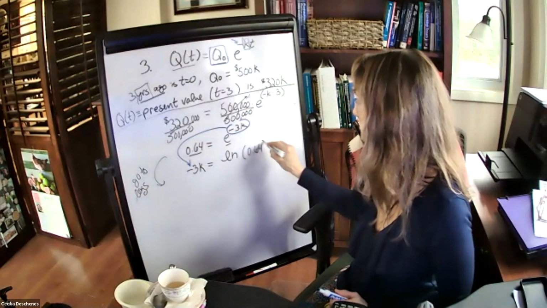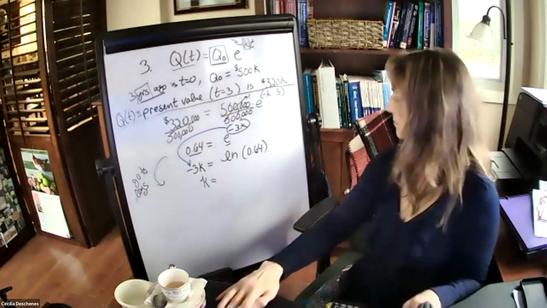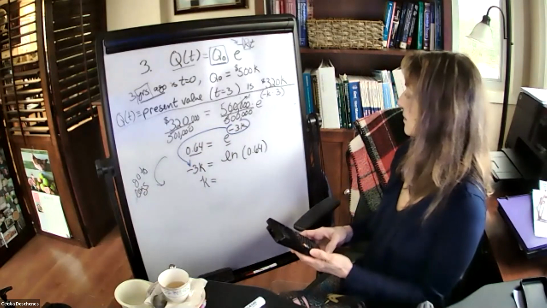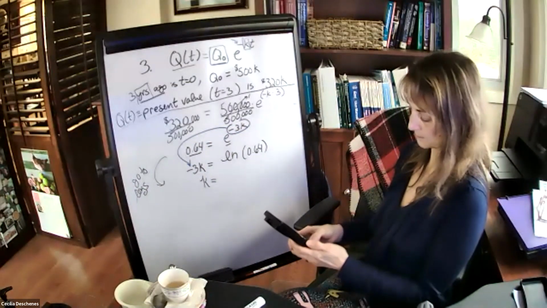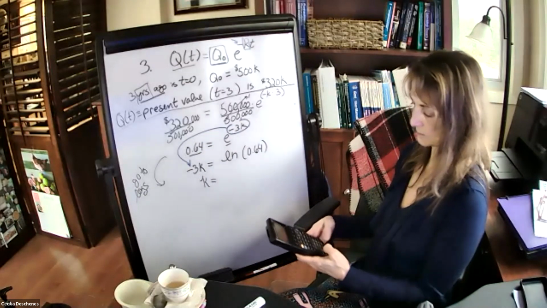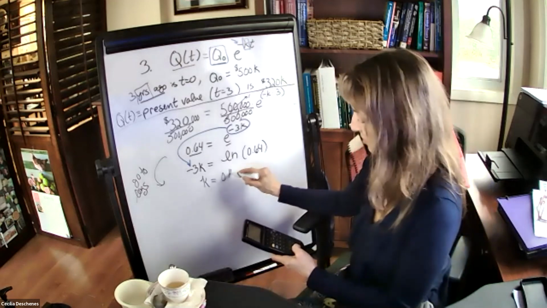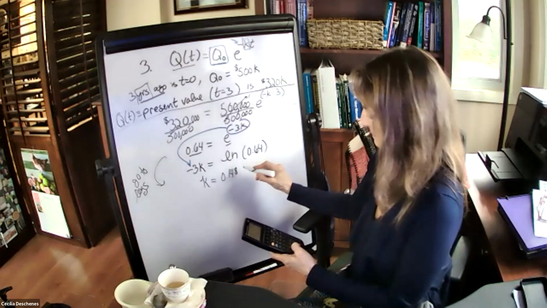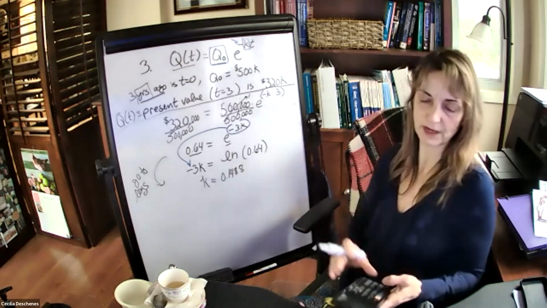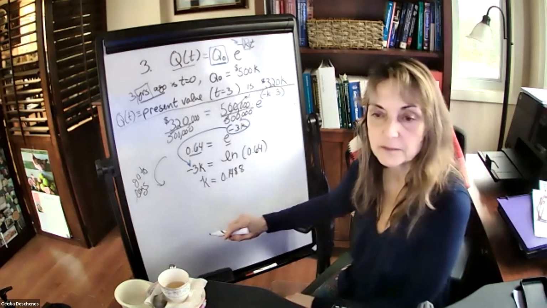All right, so now we can calculate what the natural log of 0.64 is divided by the negative 3. And we find that k is approximately 0.1488. I see 0.1487623, but I'm just going to round it to 0.1488.